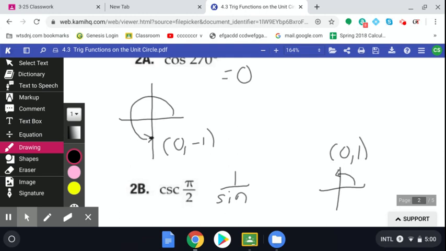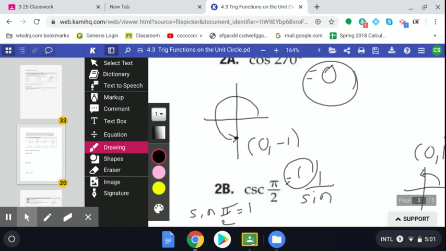So cosecant pi over 2 would be the reciprocal of the sine function. Sine pi over 2 is equal to 1, and 1 over 1 is 1. So the answer here would be 1.